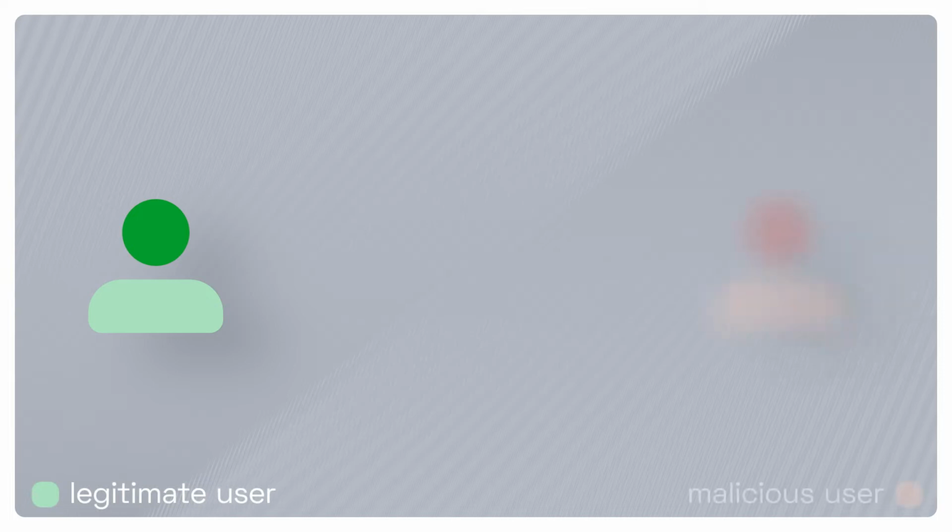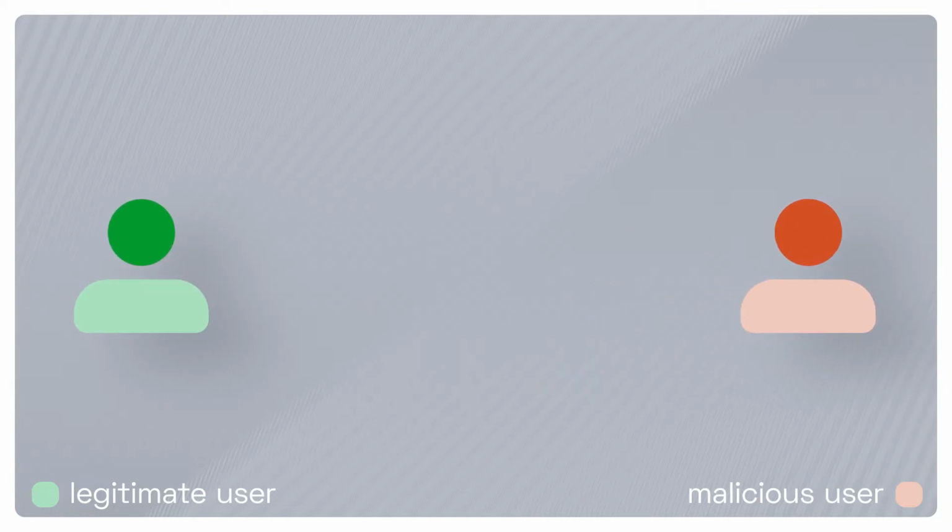Let's say you have a legitimate user and a malicious user, and they're both trying to request access tokens at the same time. Legitimate user has access token 1 and refresh token 1. The malicious user manages to steal refresh token 1 from the legitimate user. The legitimate user uses refresh token 1 to get a new access and refresh token pair.